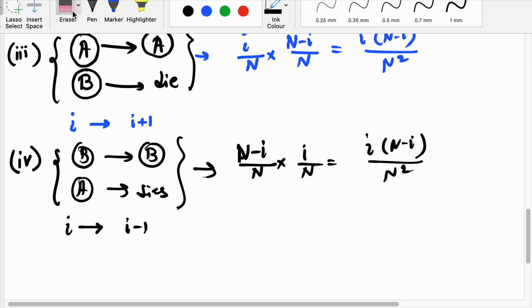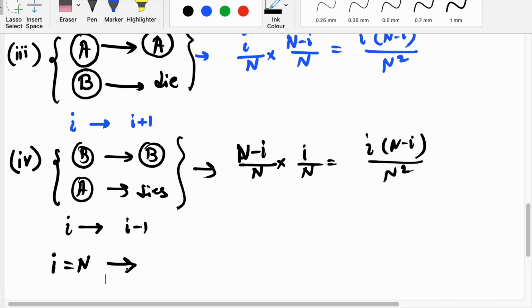If it achieves a state corresponding to I equal to n, that means all individuals are A type. Since no mutation is there, no B type individual will arise in the population in the long run. That means they always remain in the I equal to n state. So it is an absorbing state. If they go there, they will stick there forever.